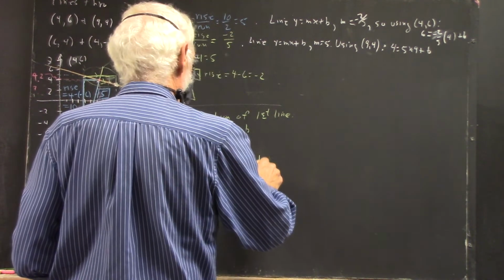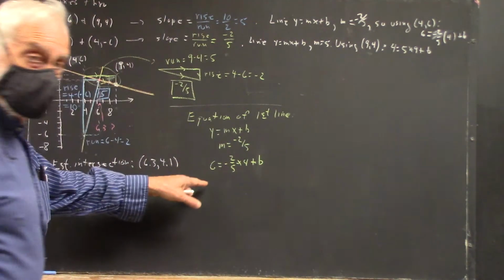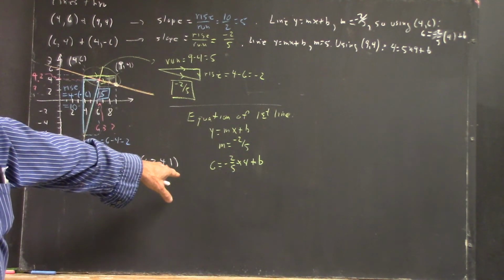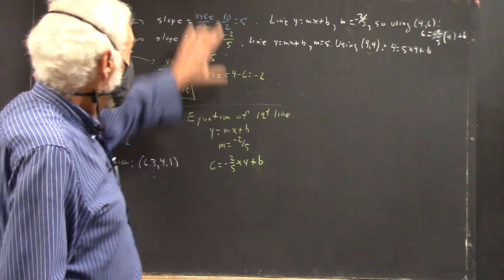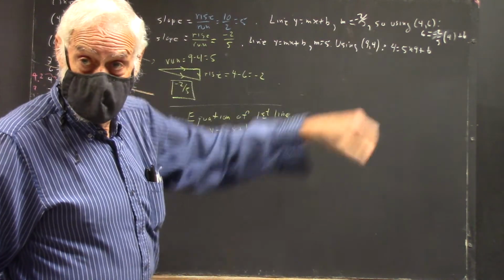I wrote my b backwards, it looked like a 6. Okay? Now, this is what we get, just a summary of what we get up here.